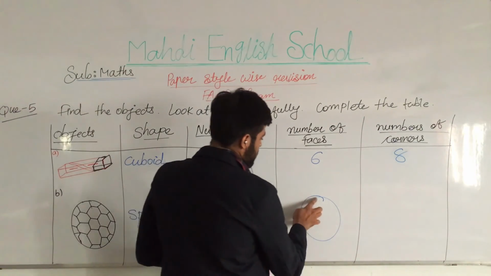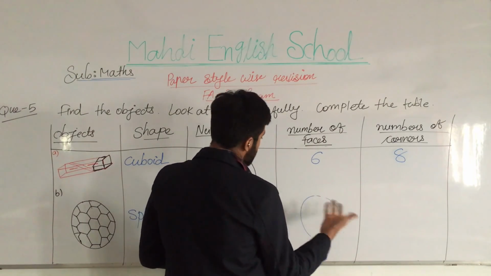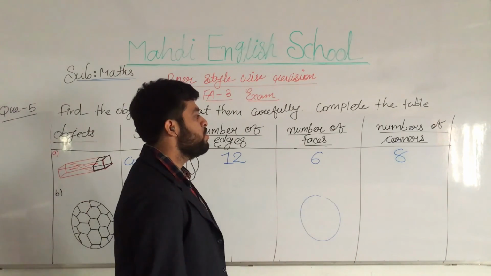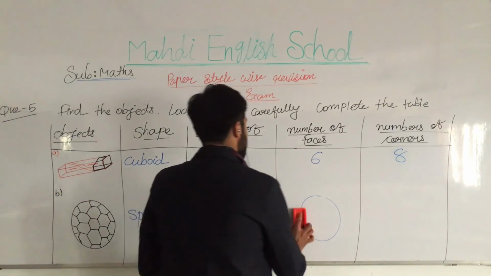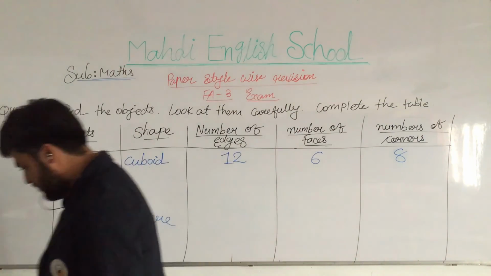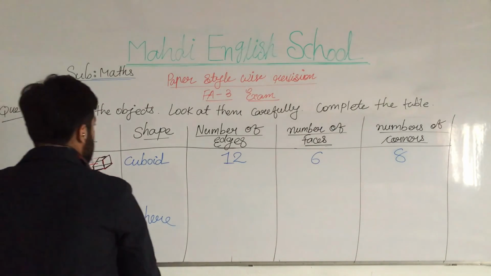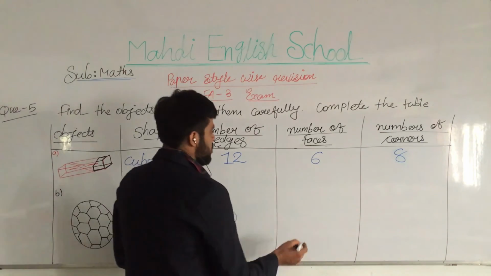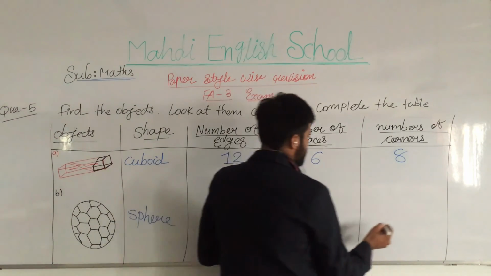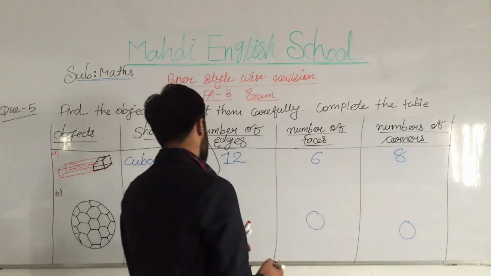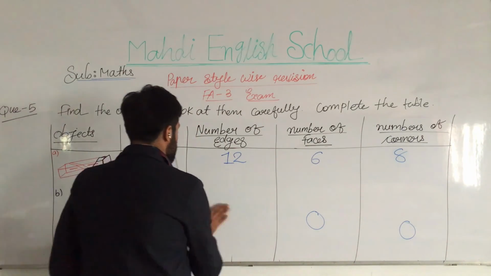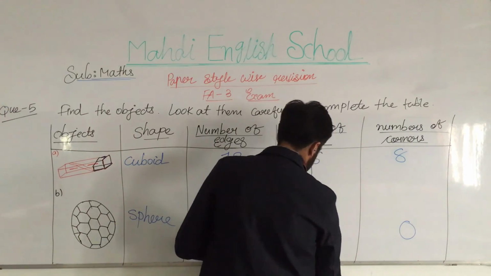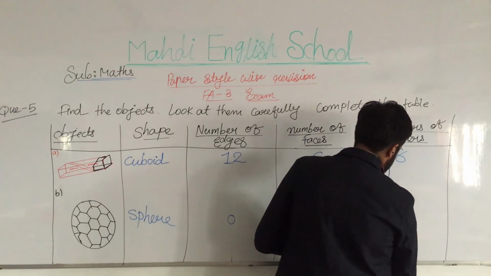So that's why we are mentioning 0: number of edges is 0, number of faces is 0, and number of corners is 0. Understood what I am telling you, my dear students? Number of edges is 0, number of faces is 0, and number of corners is 0.